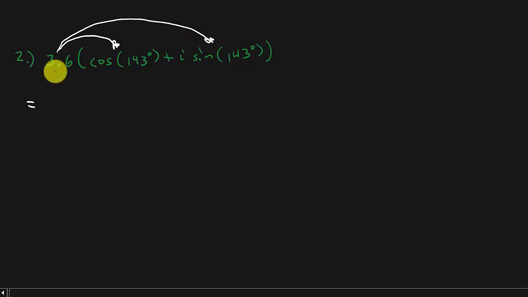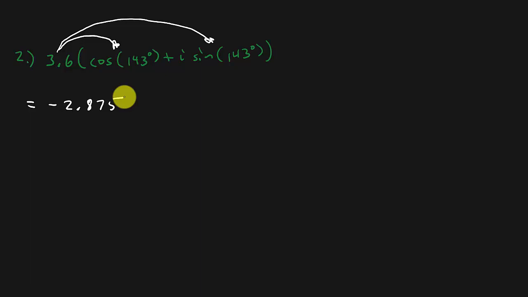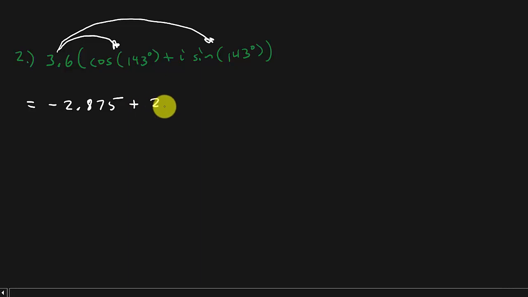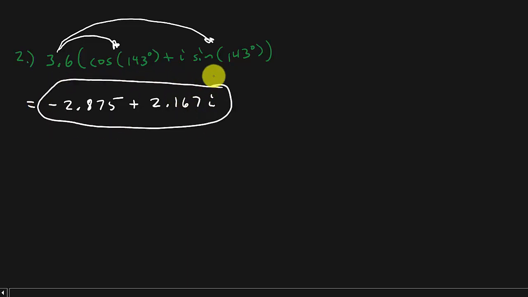I hit equals, and that gives me negative 2.875. I'm just going to round it to 3 decimal places. All right. And then I plug in the next one. So plus, and then 3.6 times sine of 143. And that leaves me with 2.167i. And there's your answer.